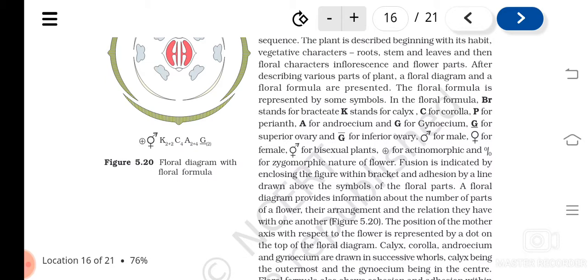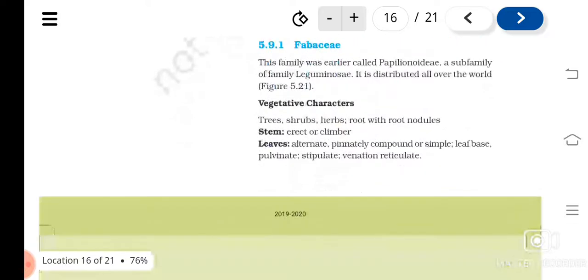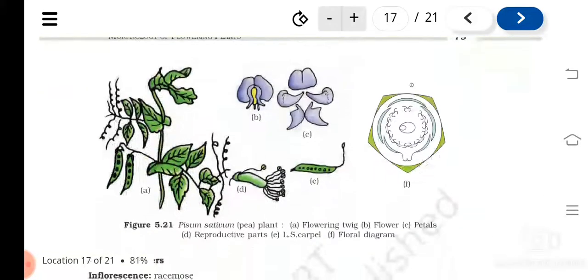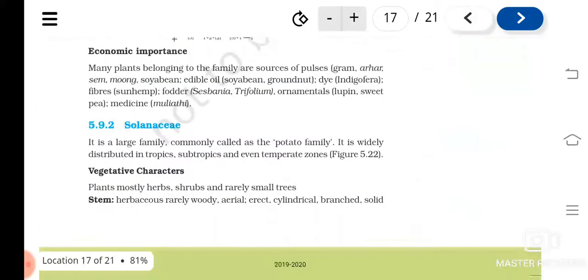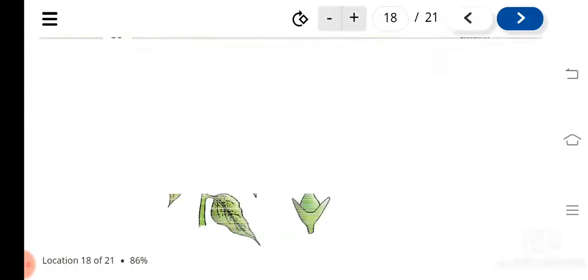Gynoecium superior, how will you show? By putting a line below the G, and the inferior ovary is shown by putting a line just above the G.